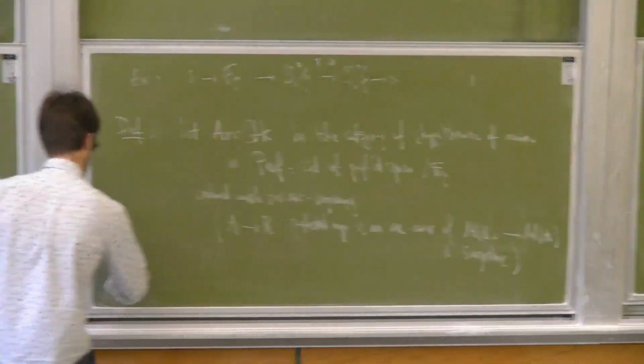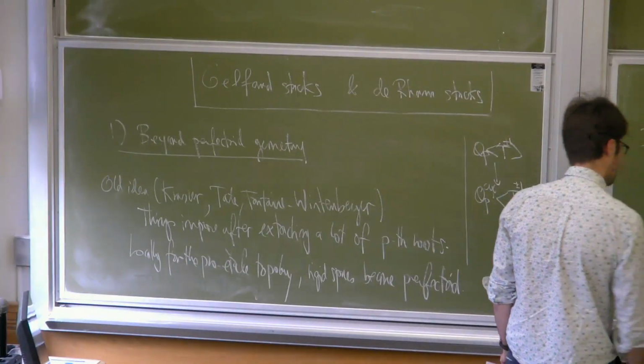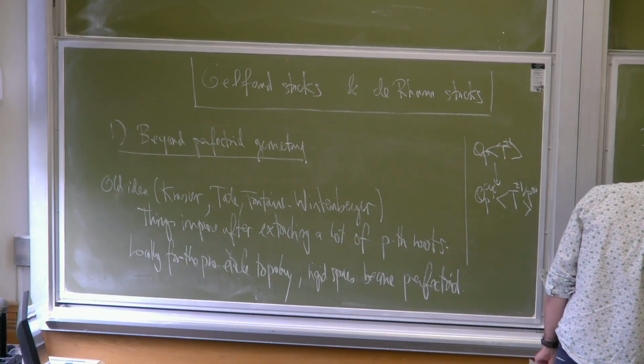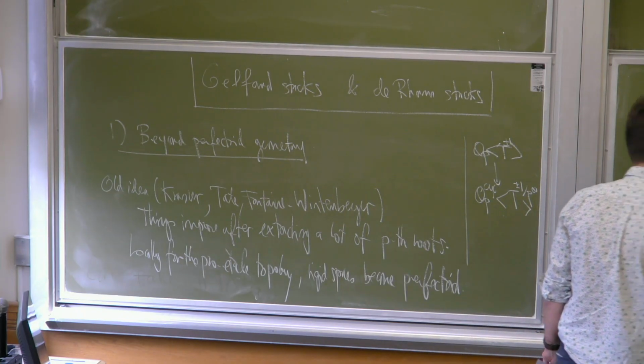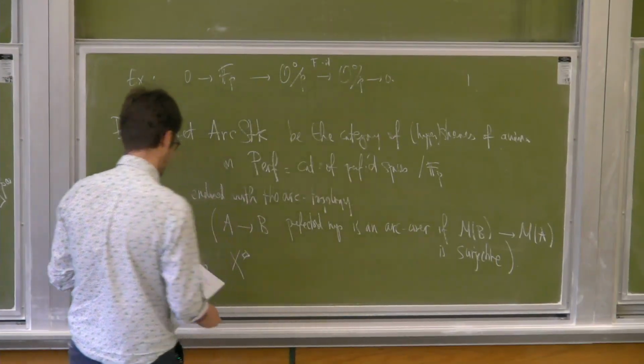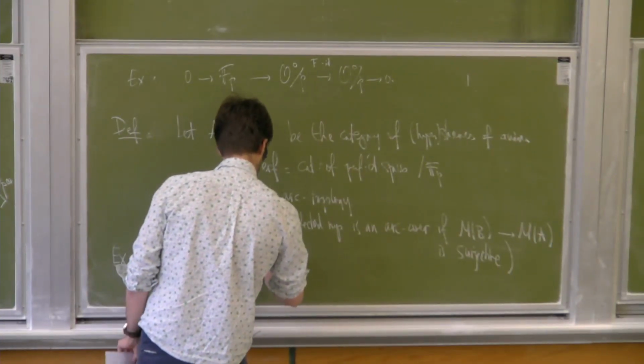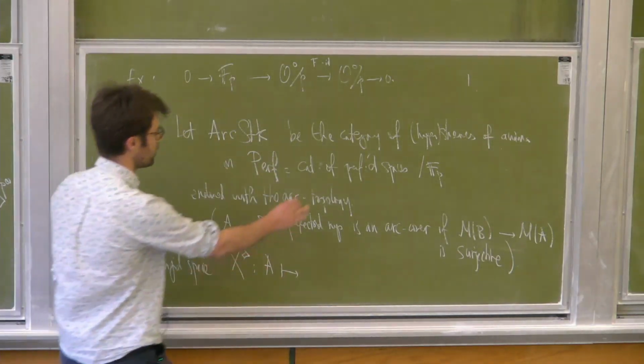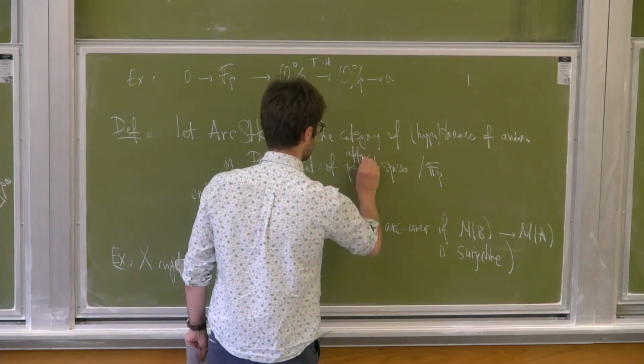And so, typical example, if you have X a rigid space, then you can naturally associate to it a certain arc stack, which I will denote X diamond, call the diamond of X. Well, it's even an arc sheaf, which sends A, a perfectoid ring in characteristic p. So here, maybe I even want to restrict to affinoid perfectoid spaces.